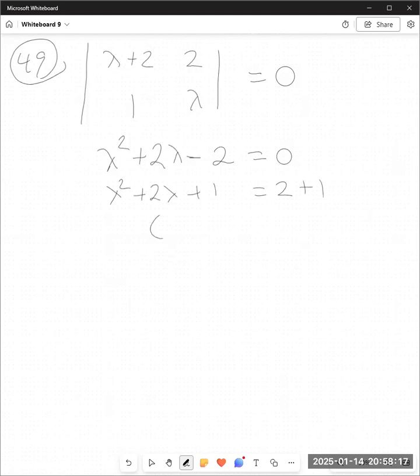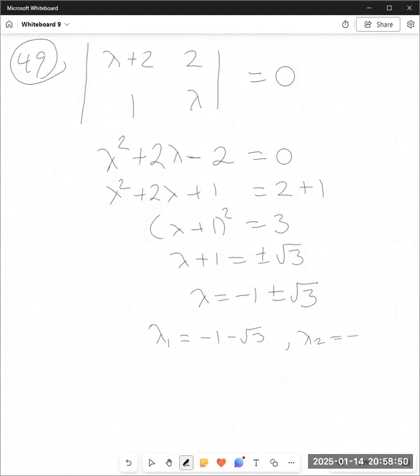Adding 1 to both sides, I get lambda plus 1 quantity squared is equal to 3, meaning that lambda plus 1 is equal to plus or minus square root of 3, and lambda is equal to -1 plus or minus the square root of 3. Two different answers for lambda. So I'll have a lambda 1 equals -1 minus root 3, and I'll have a lambda 2 is equal to -1 plus square root of 3.